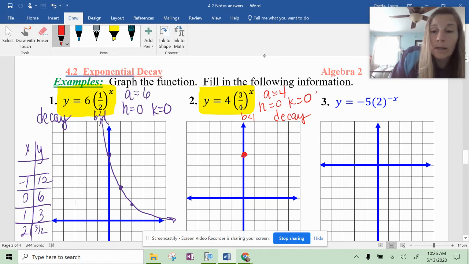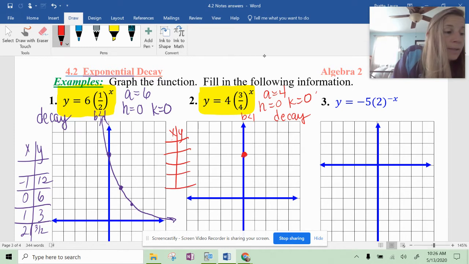So now we know we have 0, 4, but we probably want to get a couple more points, right? So I know I have my 0, 4. If I put in a 1, 3/4 to the first power is 3/4 times 4 will just give me 3. If I put in a 2, I would have 9/16 times 4, which ends up being, I believe, 9/4, or 2.25. So 1, 3, 2 and 2.25.